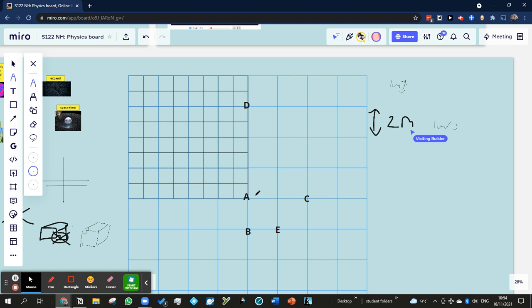Now, originally, let's look at C. C was originally 2 meters away, and now it's 4 meters away. So from the point of view of A, C's actually 4 meters away. It's moved 2 meters in the same period of time.